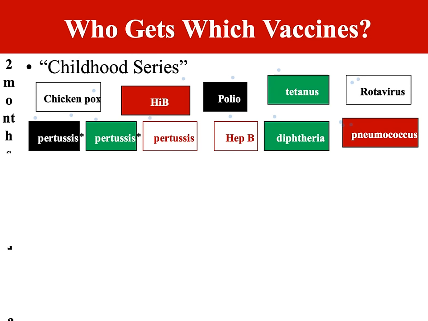It worked very, very well. However, it had a fairly nasty side effect profile. It was extremely painful. It caused fevers, but again, it worked very, very well. And just full disclosure, this is the one I had when I was a kid. And yeah, I remember it being a rotten, awful shot.